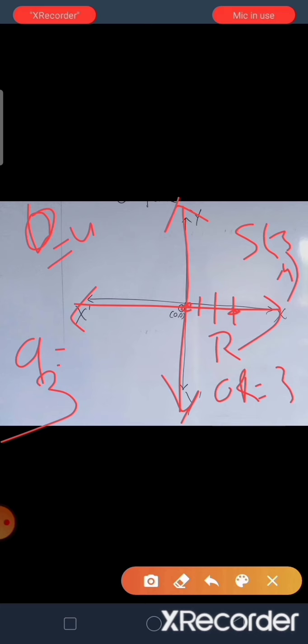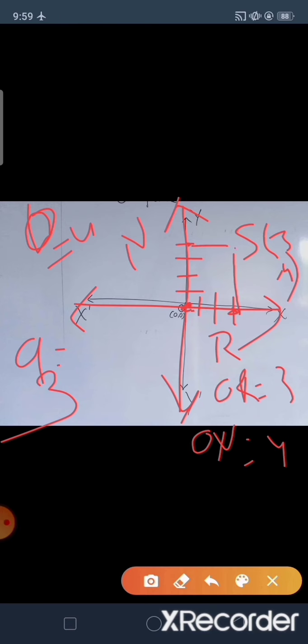Same for the ordinate, we travel 1, 2, 3, 4, and this point is N. So the length of ON is 4, and we get our point S at this place, S(3, 4), in the plane.